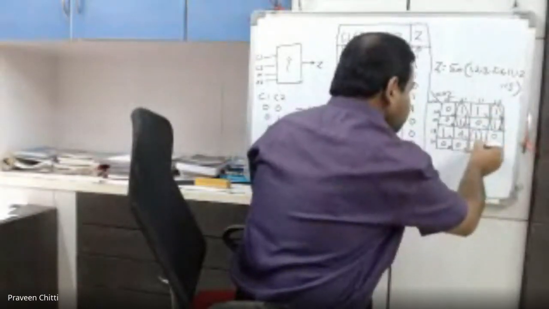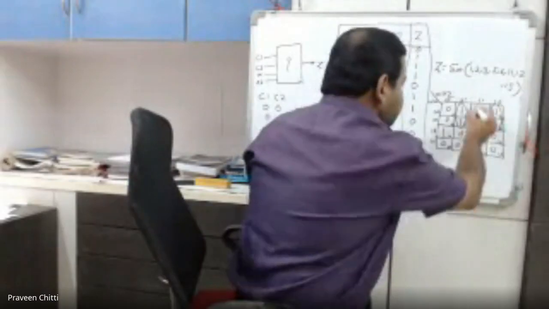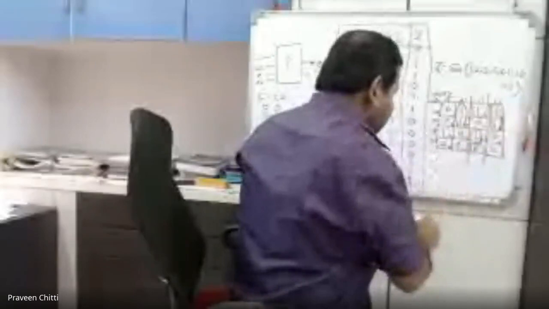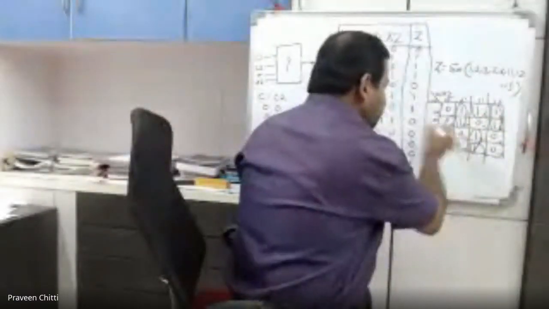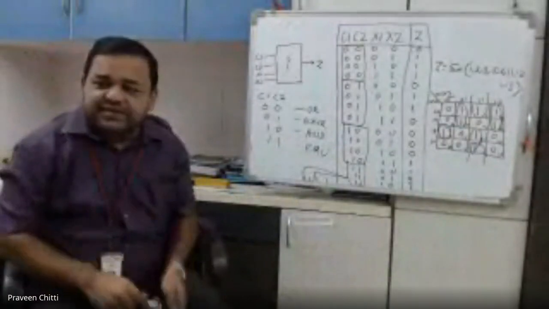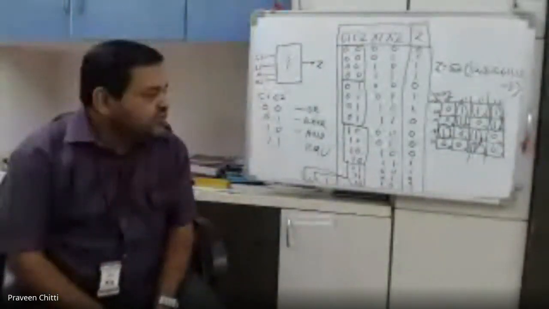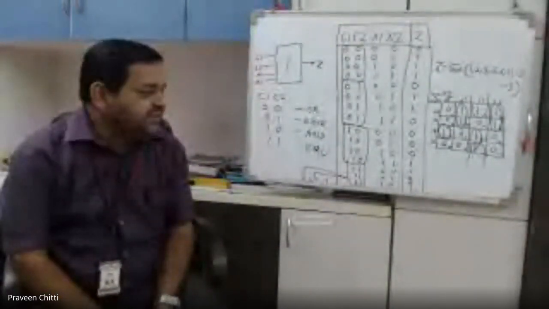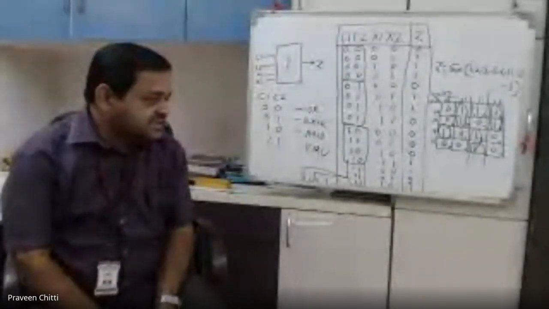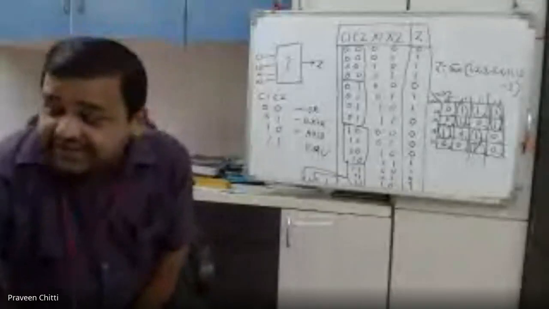Then I will form one group like this. Then this one with this, or you can combine with anyone. And this is one isolated one. Finally, you write the product terms from this and then draw the logic diagram using AND, OR, and NOT gates. I hope it is clear.